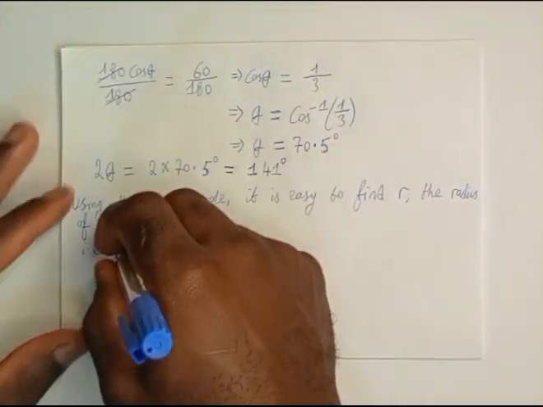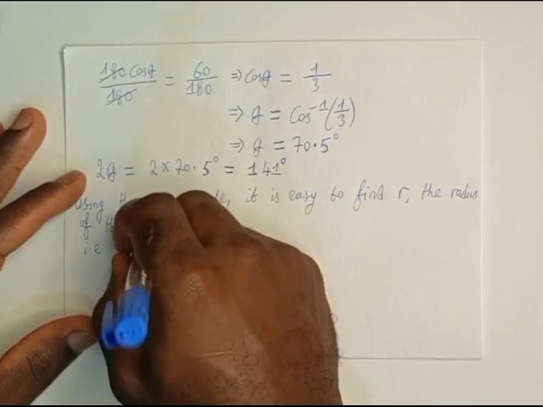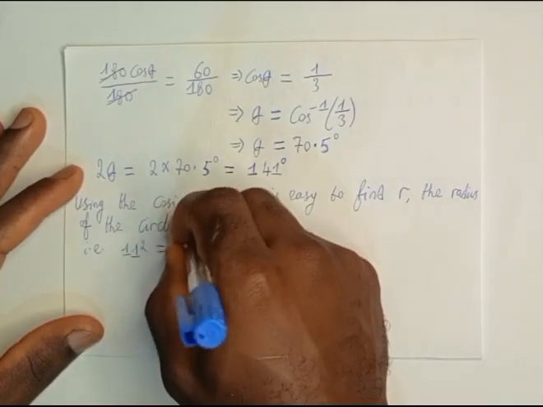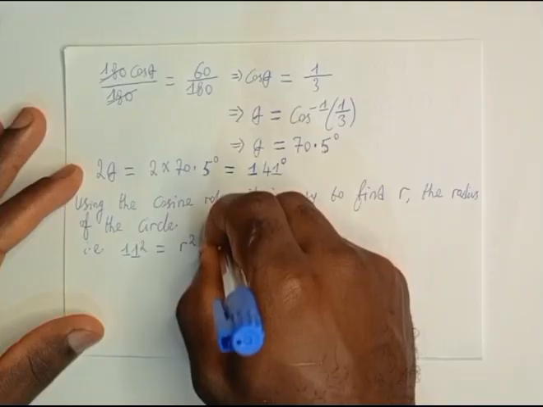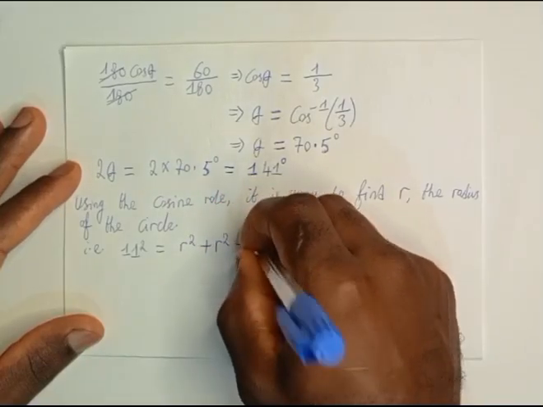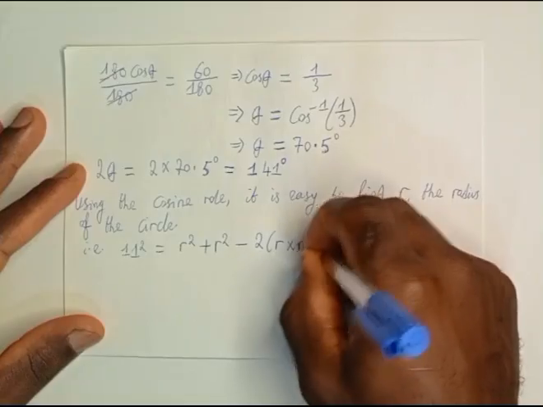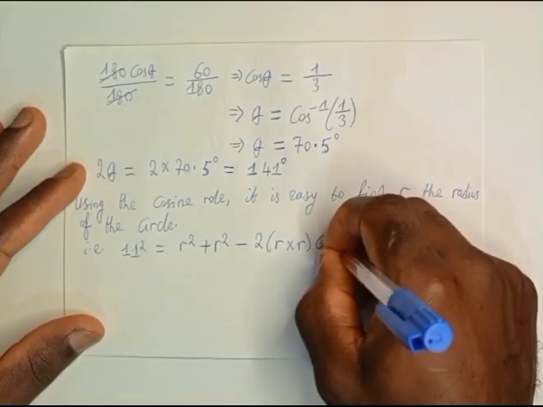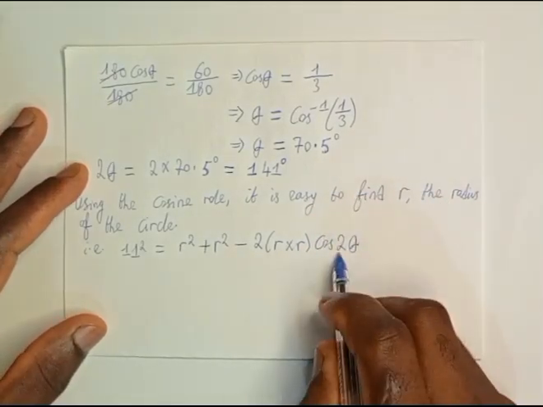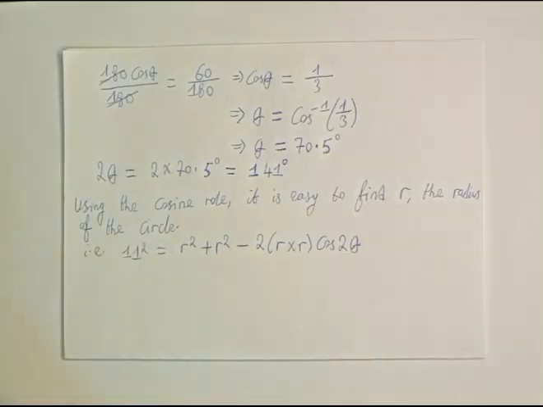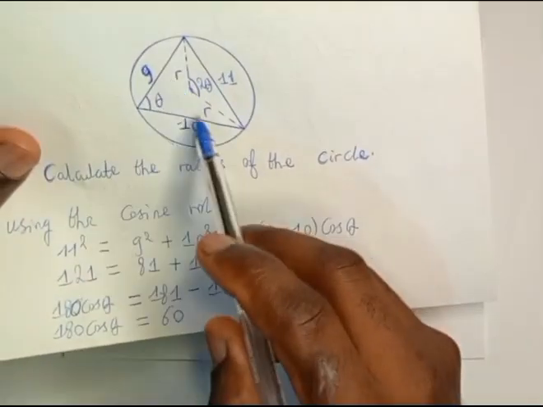We are going to take 11 squared is equal to r squared plus r squared minus 2 times r times r cos the angle 2 theta, because the angle 2 theta is in between the two radii of the circle.